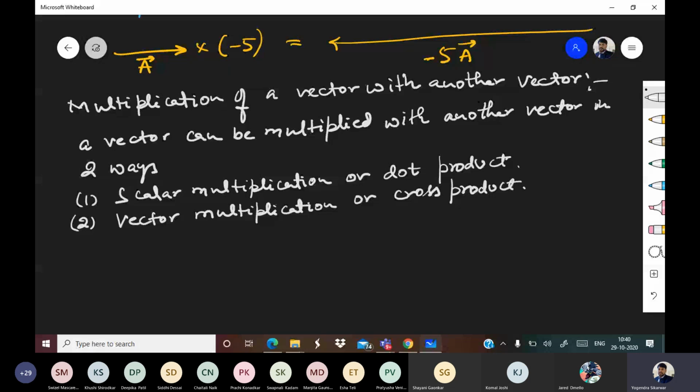Number one, scalar multiplication or dot product. Number two, vector multiplication or cross product.